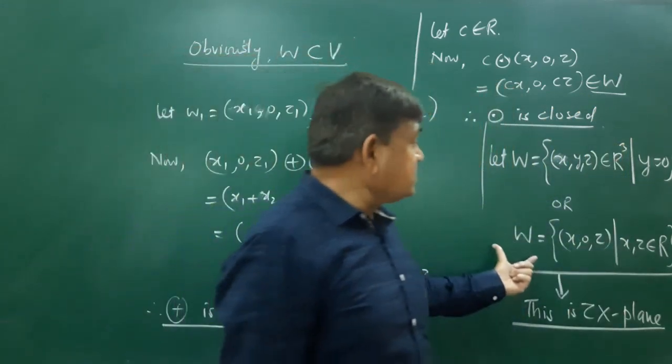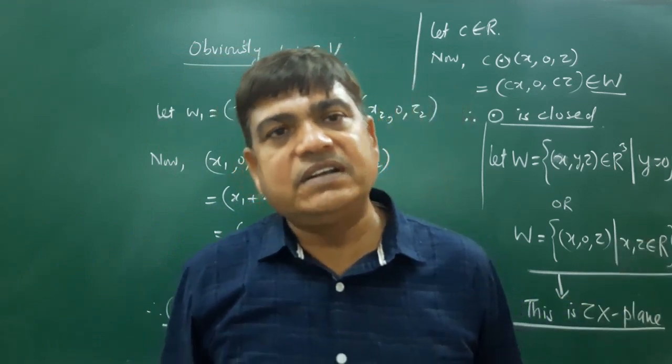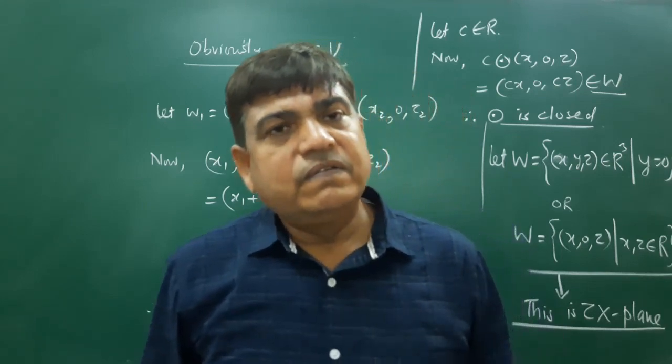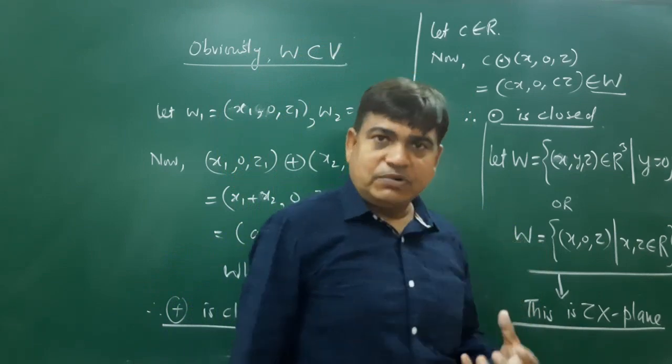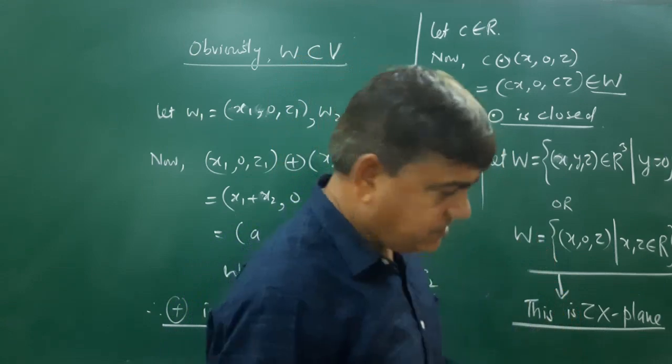So W is closed under addition as well as scalar multiplication defined on the vector space V, which contains W. That means W is a subset. Hence W is a subspace. Okay.